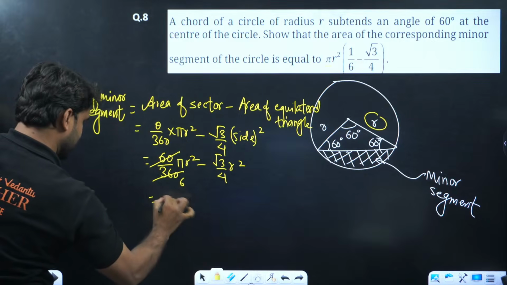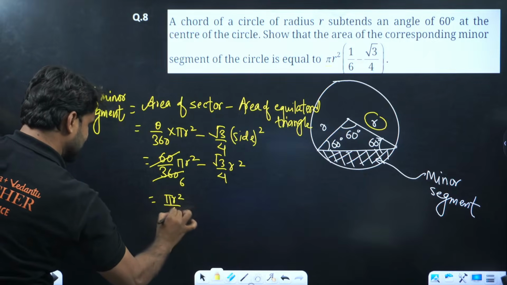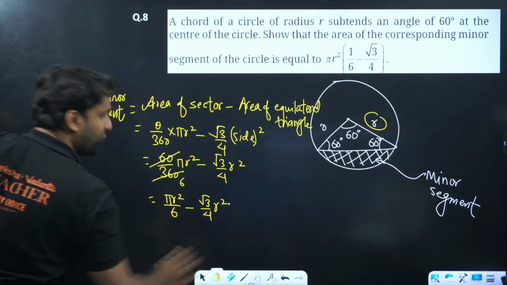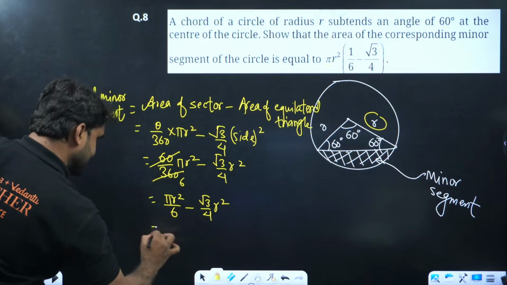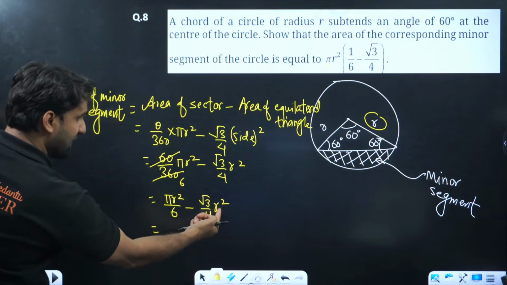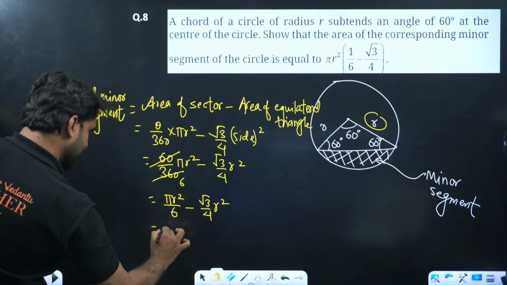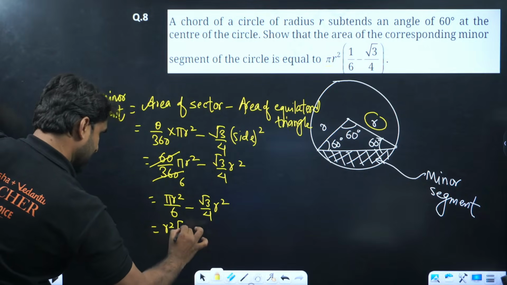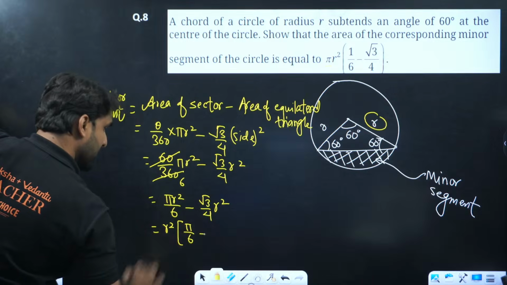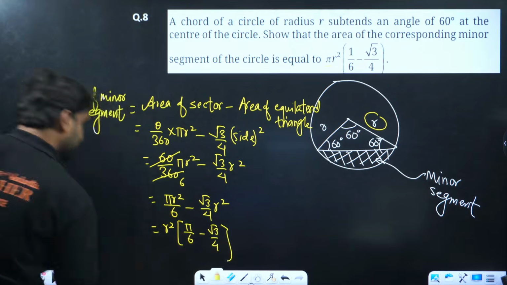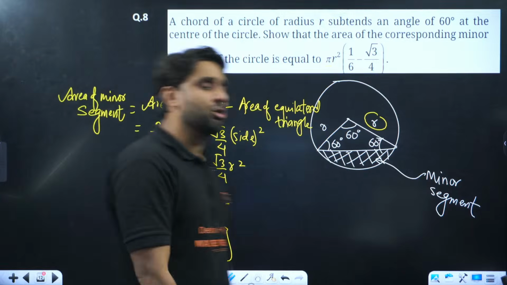This is pi r square by 6 minus root 3 by 4 r square. So r square will come common outside. So we have r square, and we have pi by 6 minus root 3 by 4.